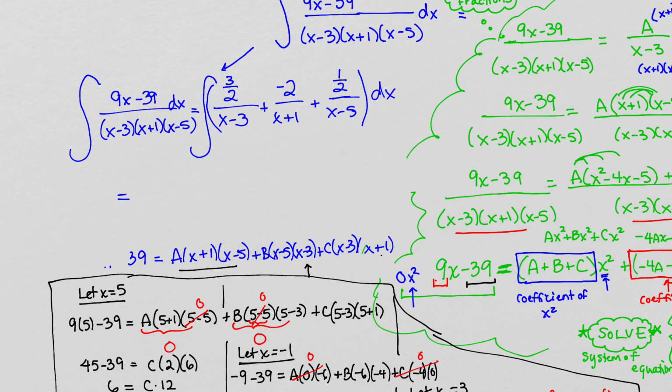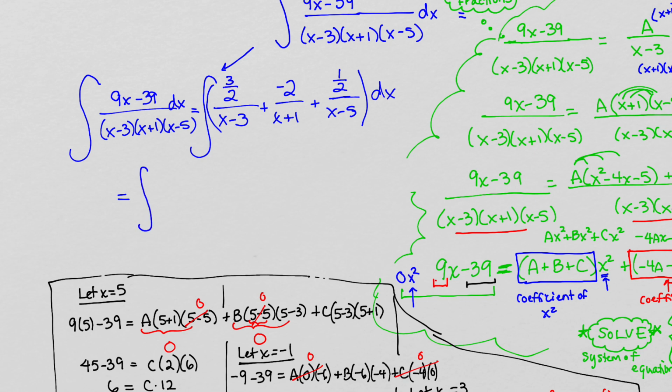Now we've been practicing this in class, so let me just erase a little more. I'm going to skip a bunch of steps again. First of all, that 3/2 over x minus 3, you can treat it as a multiplication. A lot of students like to do it, me included, where I bring the 3/2 in front, and that allows me to see what's left over. I also like to break those 3 terms up into separate integrals.